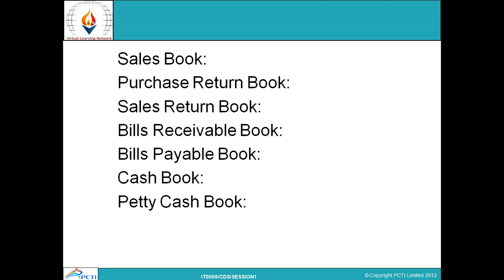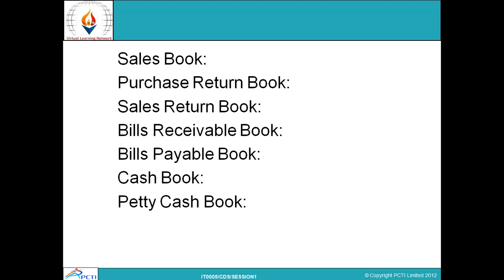A cash book containing cash and bank columns is known as a two-column cash book. Sometimes you have cash transactions and bank transactions also. So you maintain this cash book in two columns on the left and right sides, that is the cash account and the bank account, in the same book.